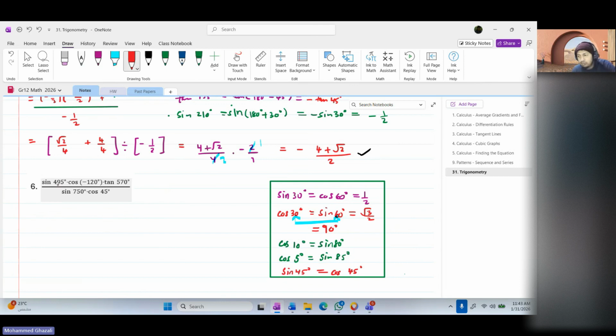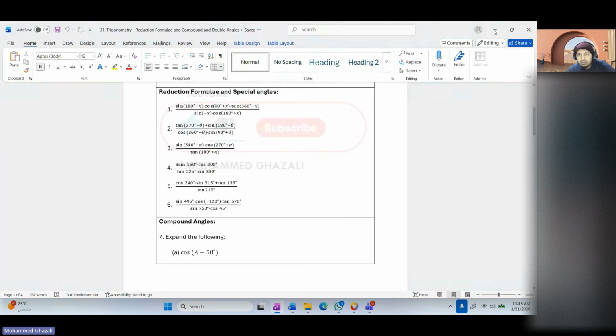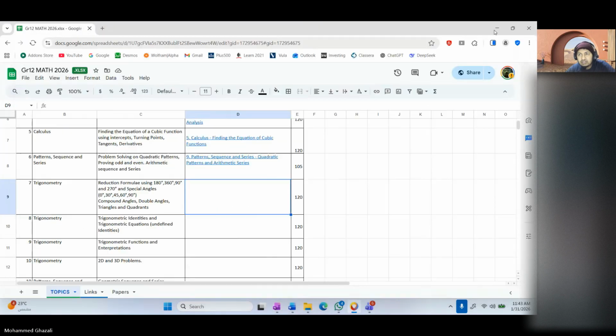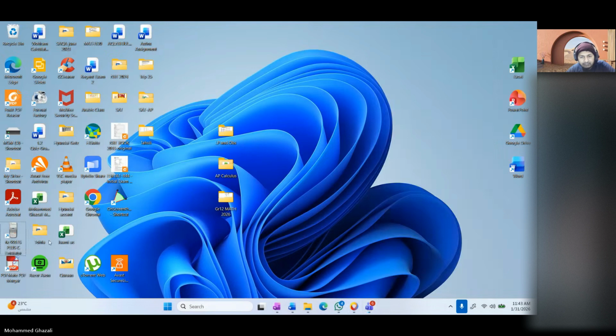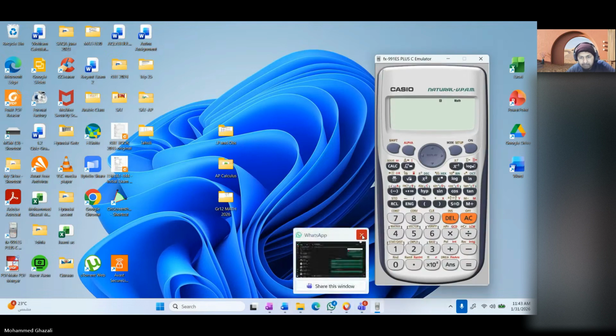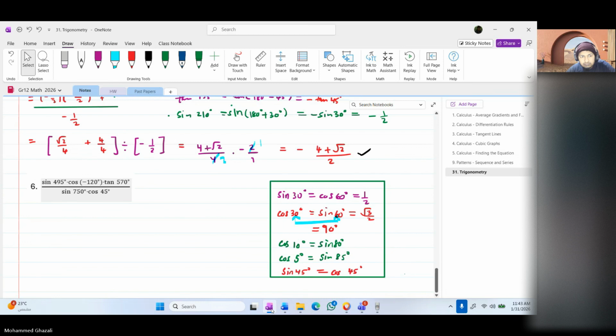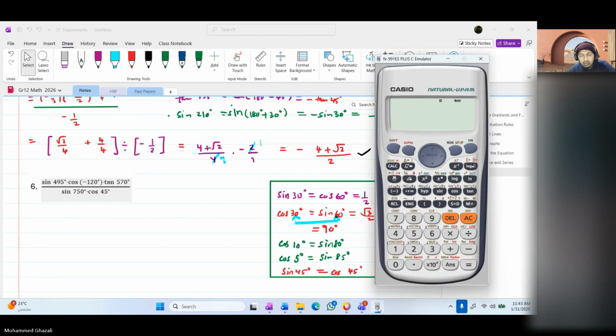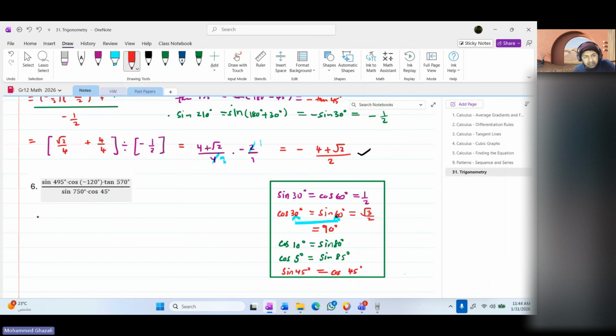Let's see, we have 495. If you take 360 away from 495, what do you get? 495 minus 360. Right, so we're getting 135. So let's try to simplify each one.